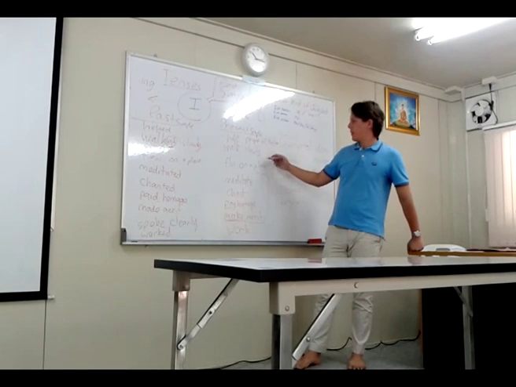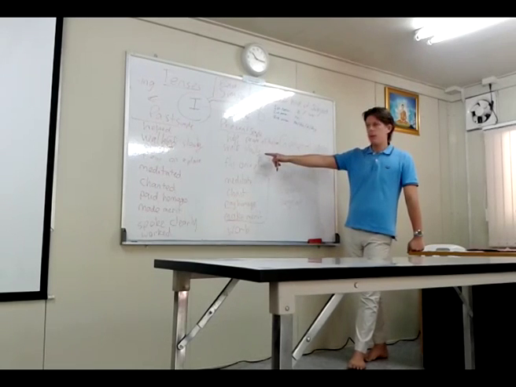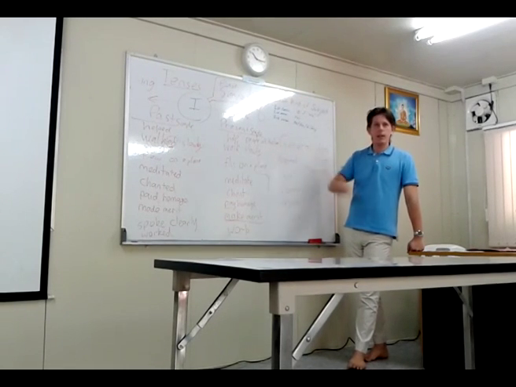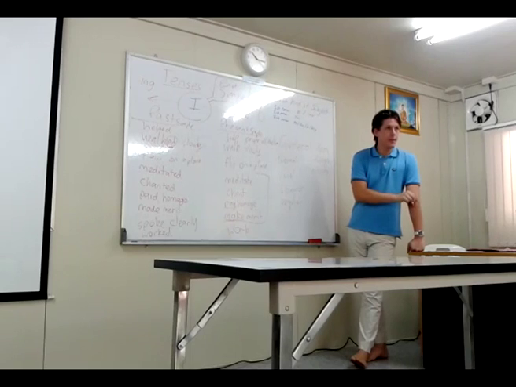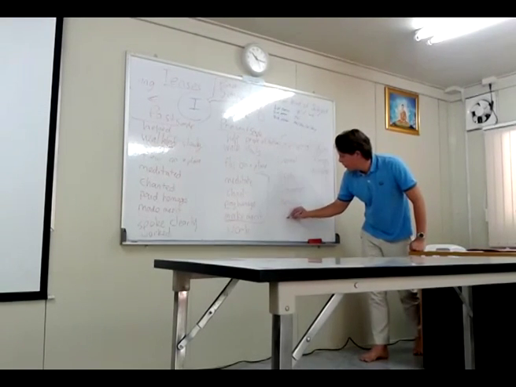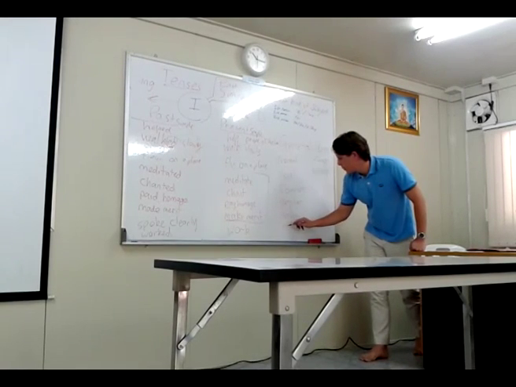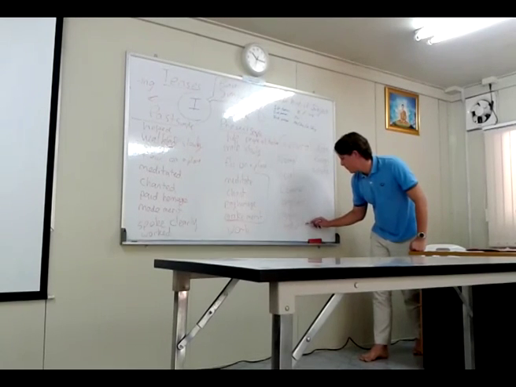I walk slowly in general. You don't even have to write this. Everybody, when you say I walk slowly, everybody knows that you walk slowly most of the time. Most of the time. Mostly.